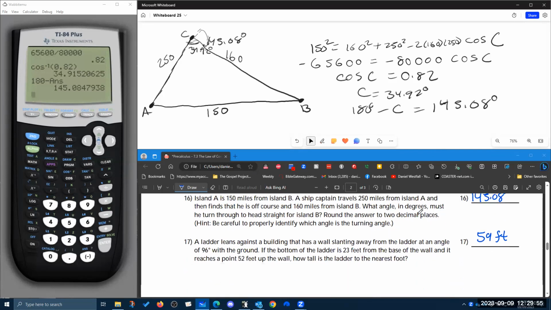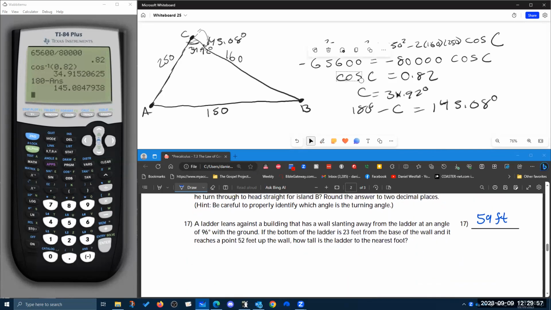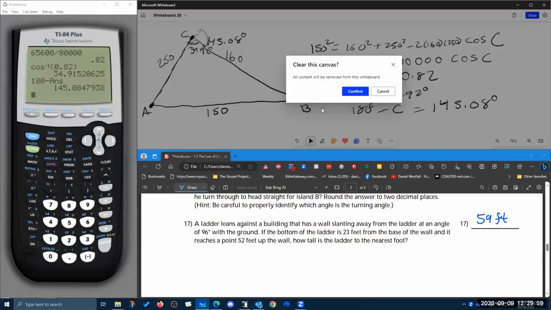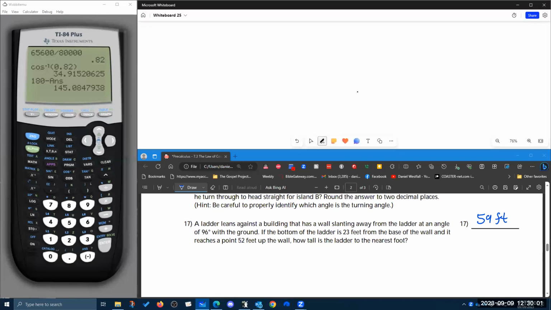Right, and last one for this video. Have a ladder leaning against a wall that's not perpendicular to the ground. The wall is leaning. The wall makes a 96-degree angle with the ground.